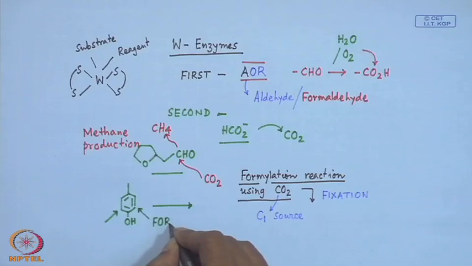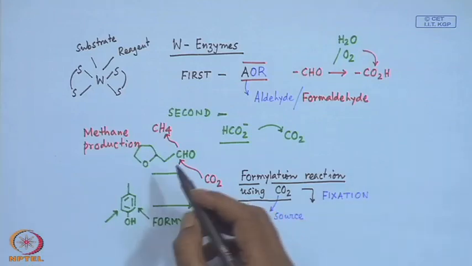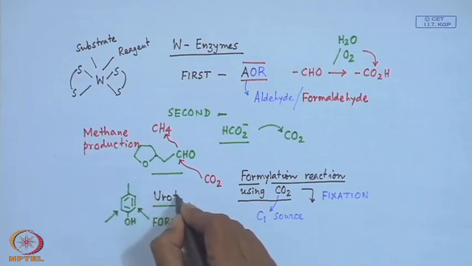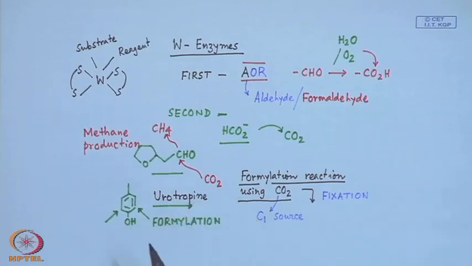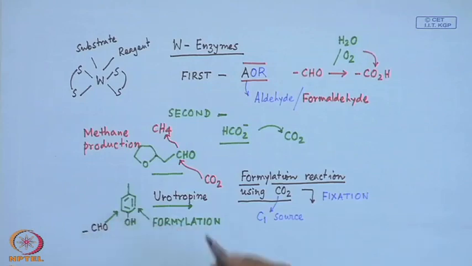So, this formylation cannot take place using carbon dioxide as the source of the formyl group, but can be done using urotropin, which is nothing but hexamethylene tetramine, and that hexamethylene tetramine is utilized for the insertion of a CHO group at position 2 and another CHO group at position 6.